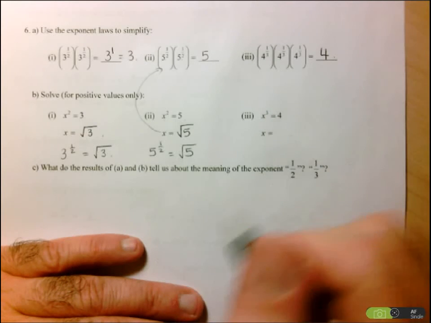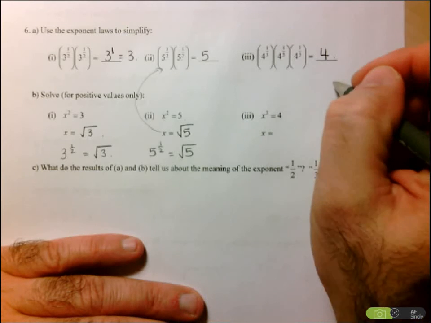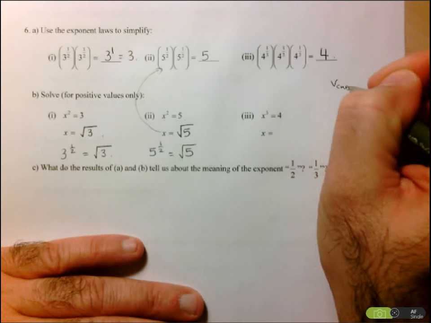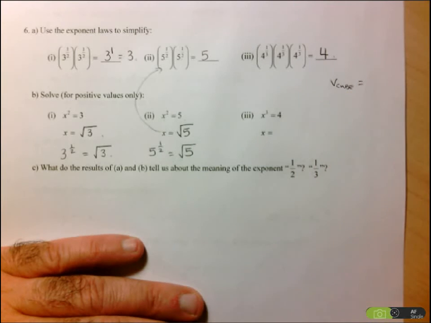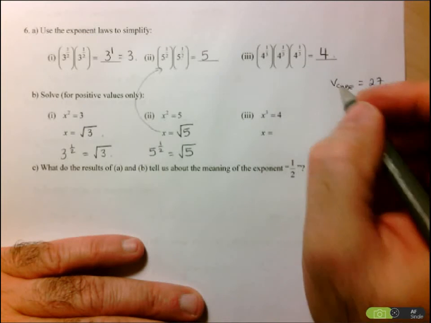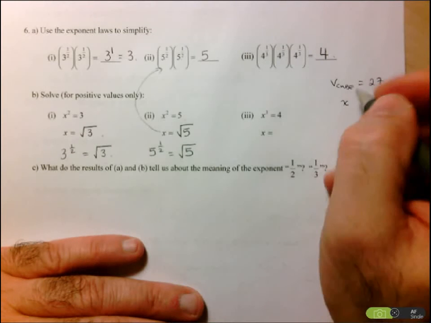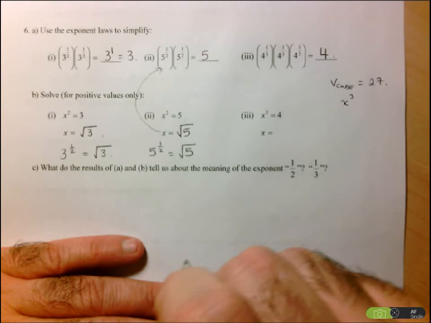Hopefully you might remember where you would have seen an equation like that in grade 9. Say you were given the volume of a cube as, say, 27. How do you find the volume of the cube? You take the side length and multiply it by itself 3 times.